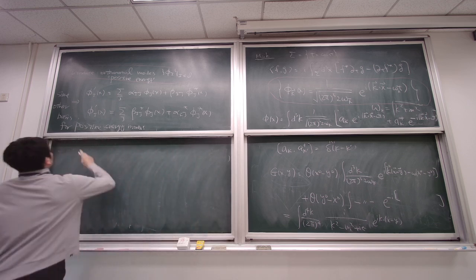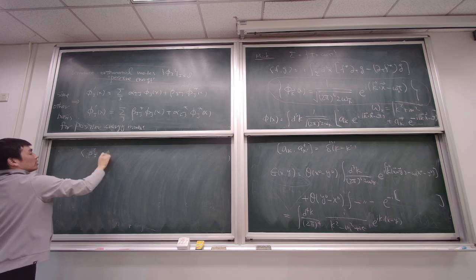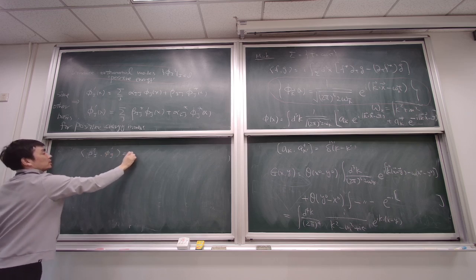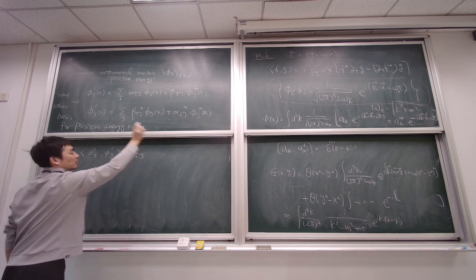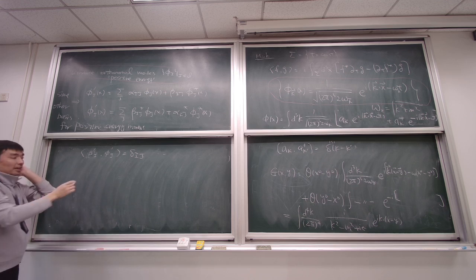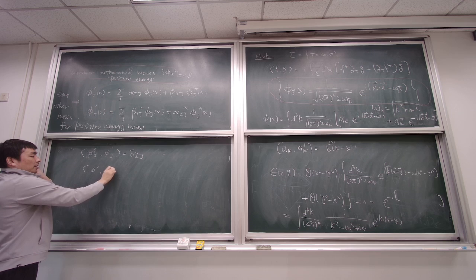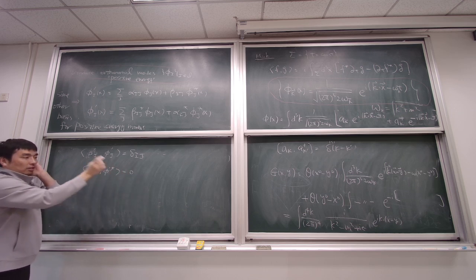So this phi prime should also obey this rule, this delta ij and so on. This phi prime also should obey this orthonormality condition, so that, of course, the inner product of phi prime and phi prime j prime star is equal to 0 and so on.